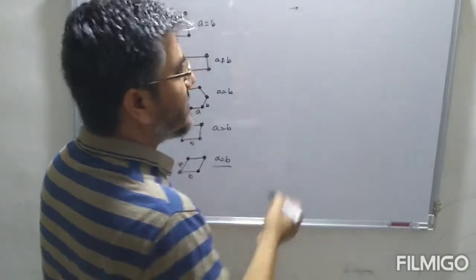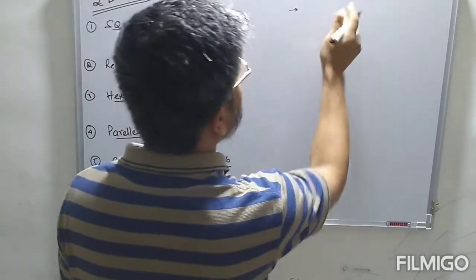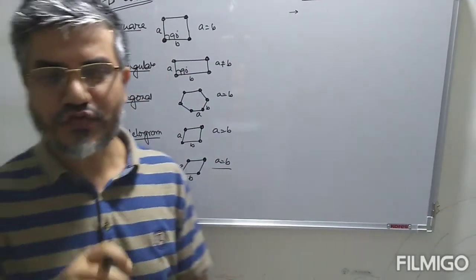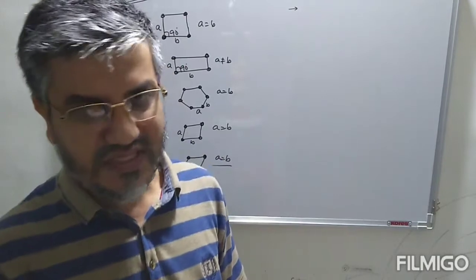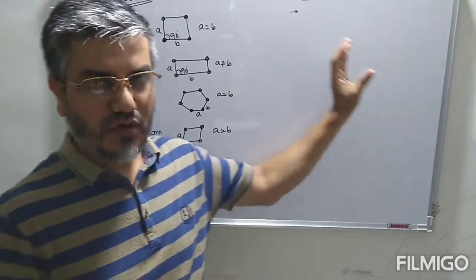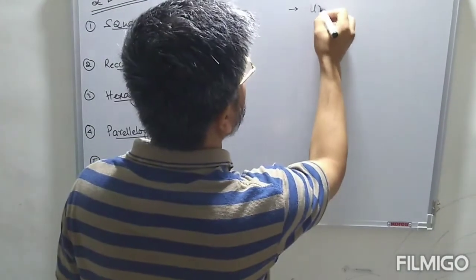To define this lattice, we define the arrangement of points and the basic structural, or the smallest, three-dimensional arrangement of points in any crystal, that is known as unit cell.